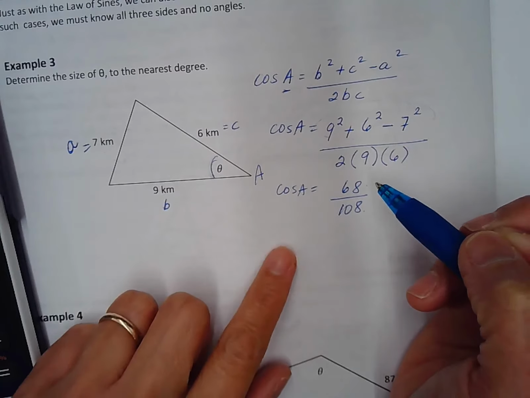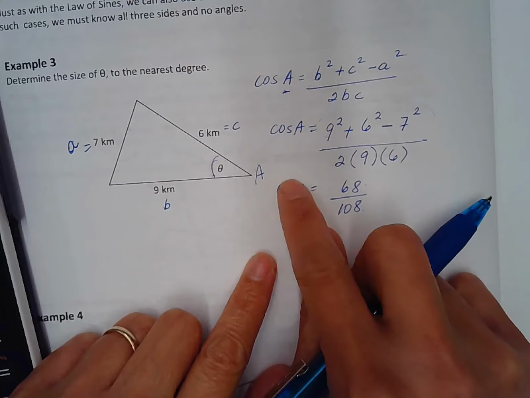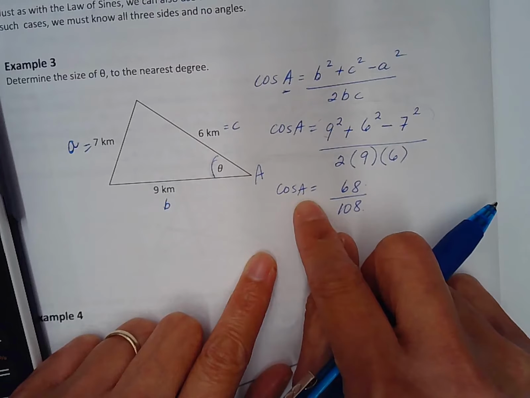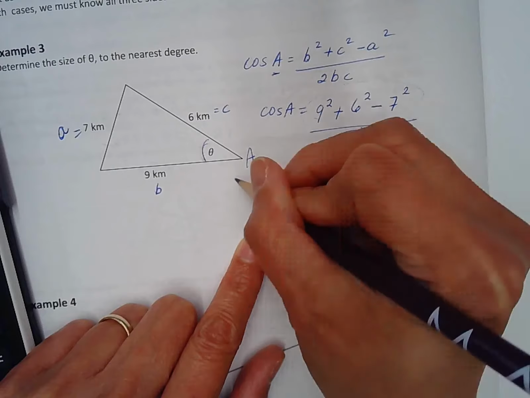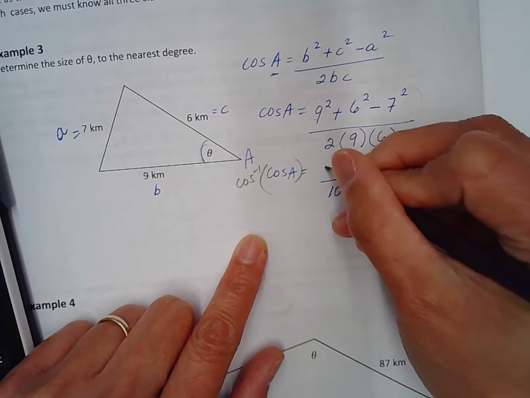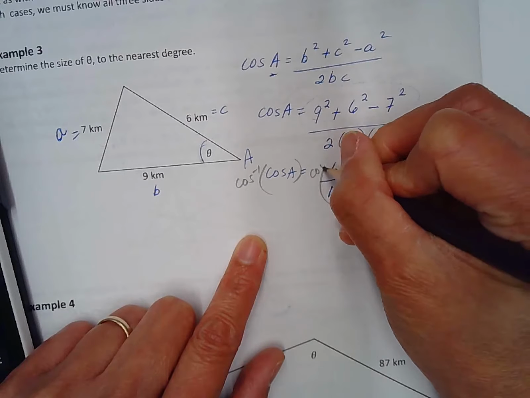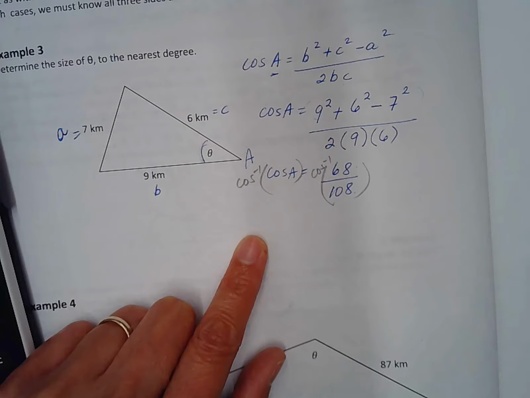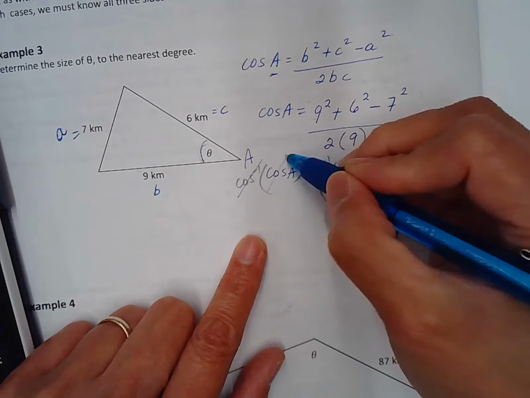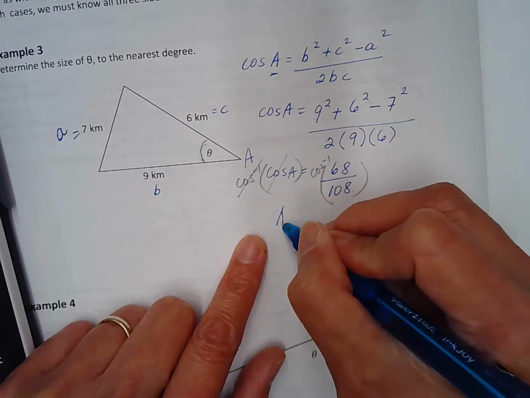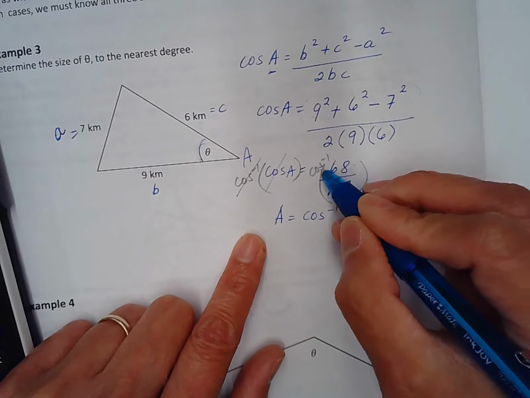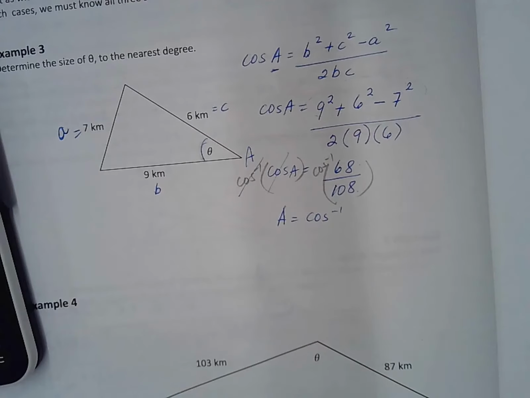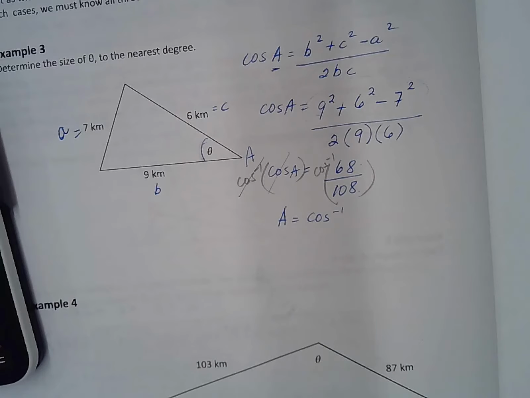Inverse cos, yeah. To get rid of the cos and have the angle A alone, we take the cos inverse. Cos inverse cancels the cos, so you're left with A. You're going to take the cos inverse of all of this, so you need to put a bracket around it.